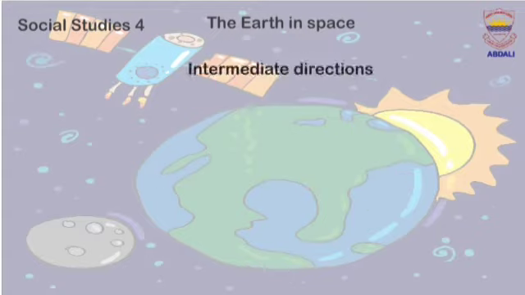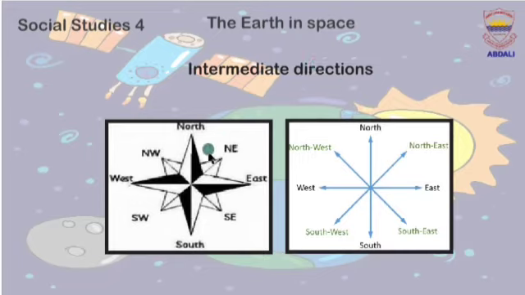Intermediate directions. Apart from cardinal directions, we also have intermediate directions. The directions in between the cardinal directions on a compass are called intermediate directions.